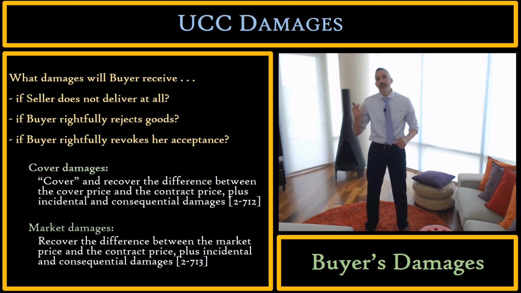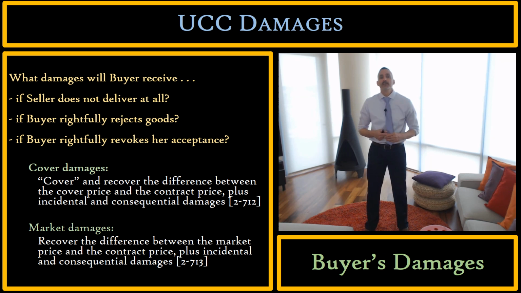And then buyer has to go out and buy the goods on the market. She can only get them for $12,000, she's entitled to cover damages of $2,000. The contract price was $10,000, the cover price was $12,000. Buyer's entitled to $2,000 in cover damages.